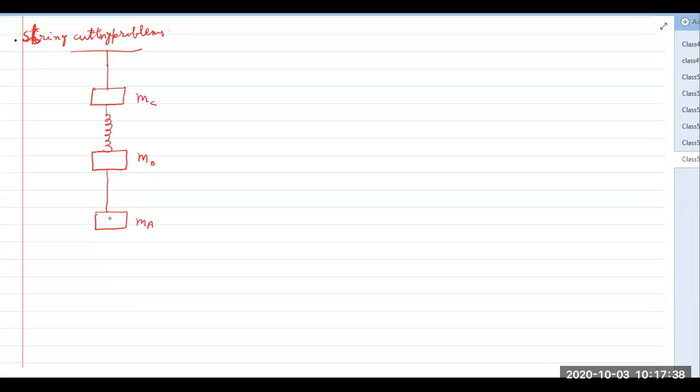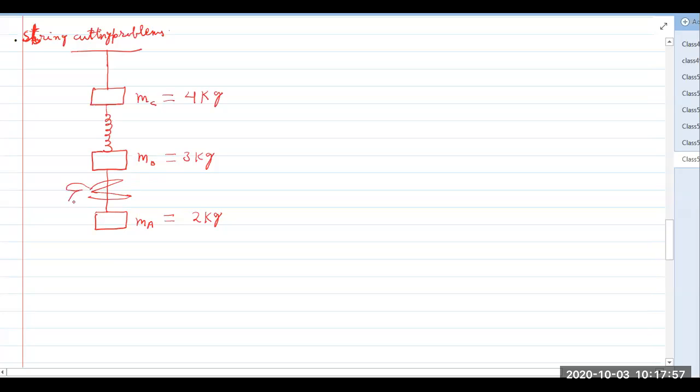We have this kind of system, and the masses are given. Suppose this mass is 2 kg, this mass is 3 kg, and this mass is suppose 4 kg. So these three masses are given, and if we now cut this string from here, we have to find the accelerations of the three objects just after cutting the string.